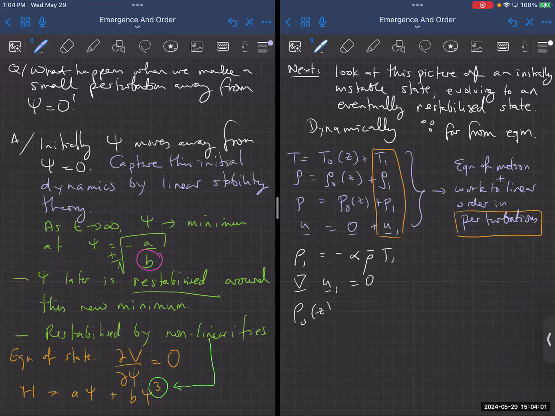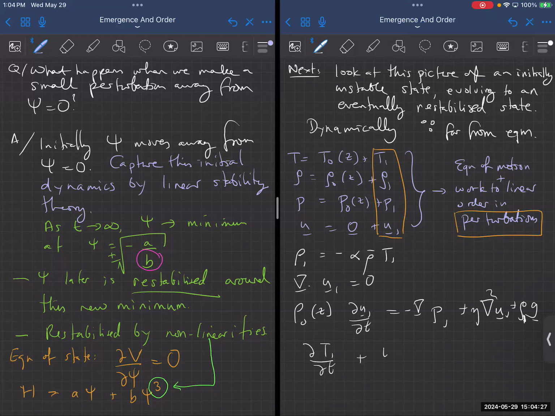rho naught of Z du1 by dt is equal to minus grad P1 plus eta del squared U1 plus rho 1 G, and this is a vector, and dT1 by dt plus W1, and I'll say what W is in a minute, dT naught by dz is equal to kappa del squared T1.